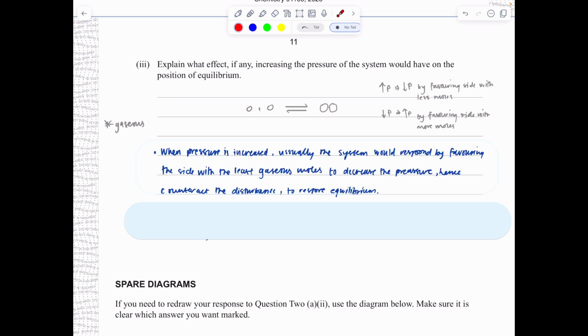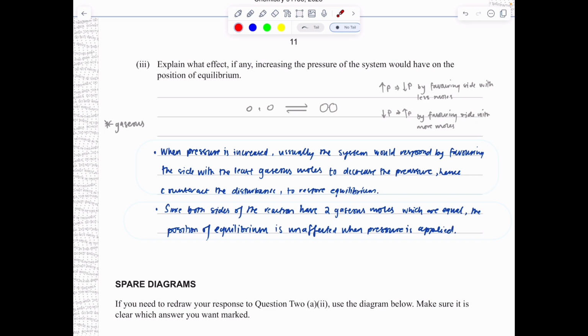First of all, I've gone ahead and said when pressure is increased, usually the system would respond by favouring the side with the least gaseous moles. Gaseous is an important word to use in this context whenever we're dealing with Kc. So, when pressure is increased, usually the system would respond by favouring the side with the least gaseous moles to decrease the pressure, hence counteract the disturbance to restore equilibrium.